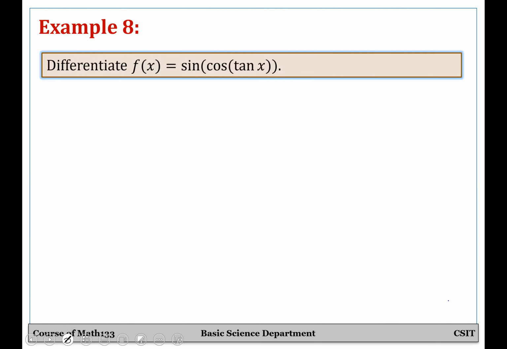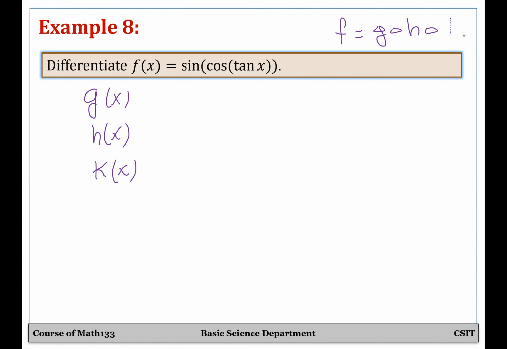Look at this situation. So I will choose my function here. Since I have f here, I will choose g first, and then h, and then let's say k, in the way that f will be g composite with h composite with k.